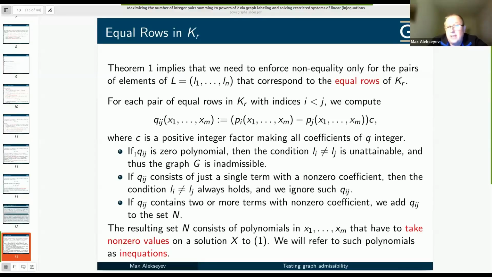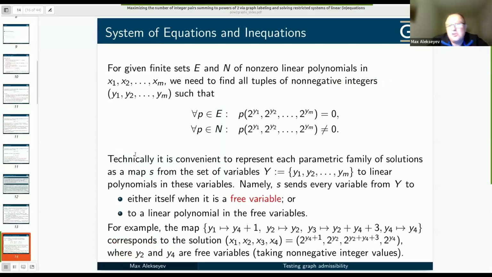So the resulting set N consists of polynomials in variables x1, and so on, xm, that have to take non-zero values on a solution x to our equation. And I will refer to such polynomials as inequations, because they must not be equal to 0. So I have two sets, E and N, of non-zero linear polynomials in variables x1, and so on, xm.